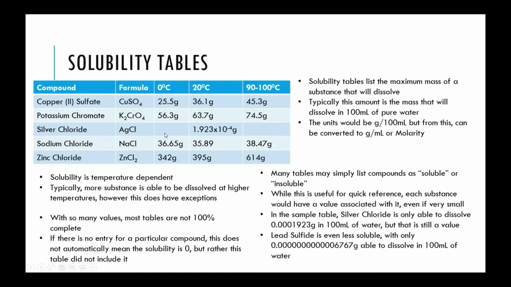There are a lot of numbers. So think about every single compound in existence ever at every single temperature. There is no way a table could contain all of those numbers. So many times, especially in older tables, not every compound is included and not every temperature.